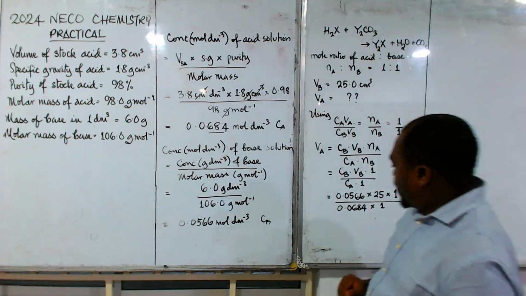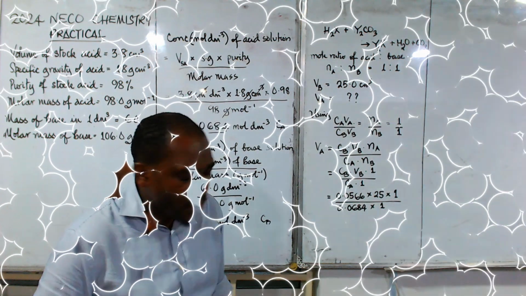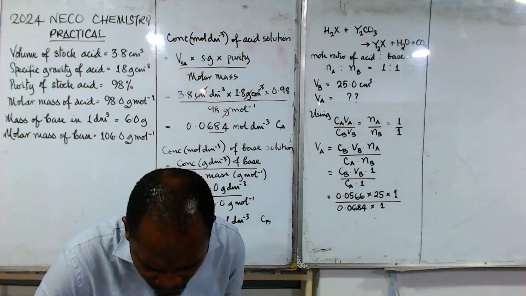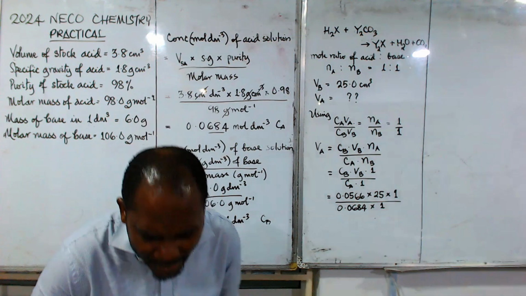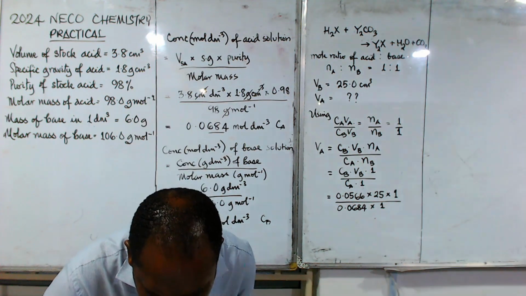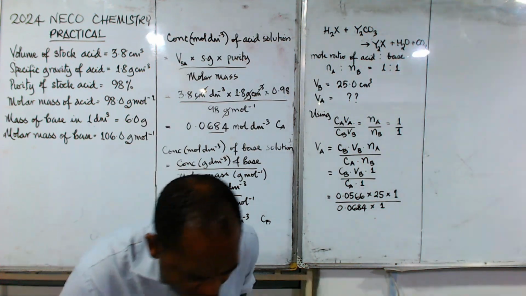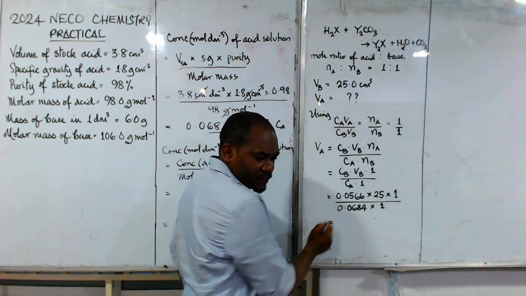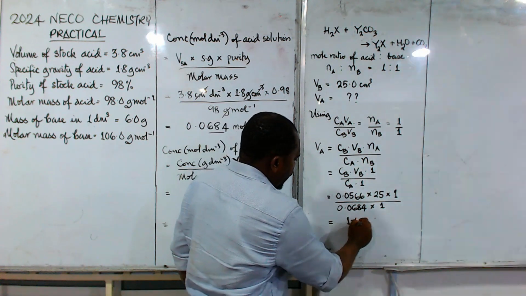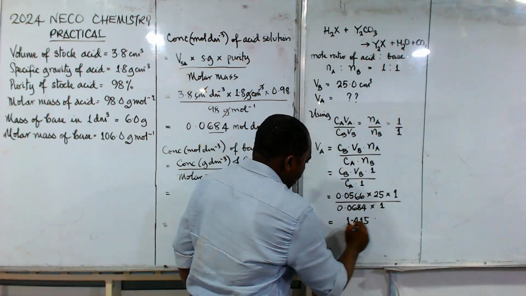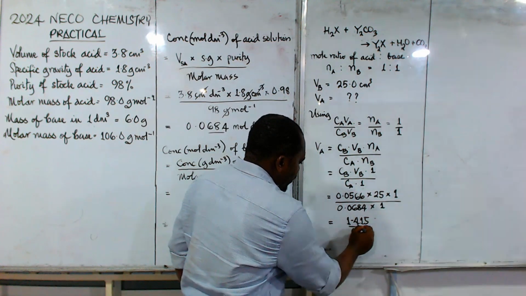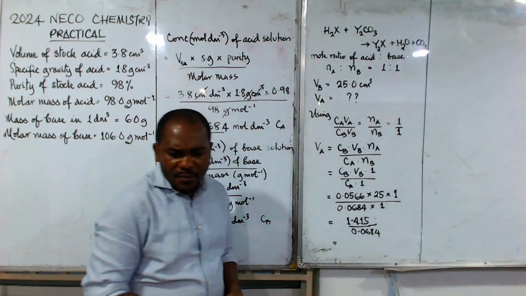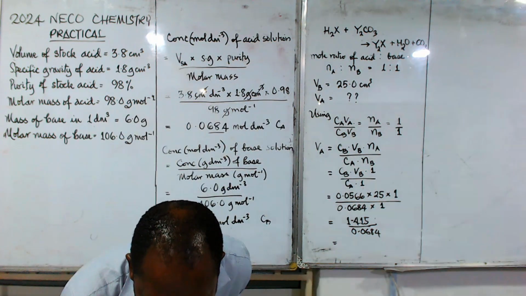So if you calculate that, 0.0566 times 25 equals 1.415. That gives us 1.415 divided by 0.0684.